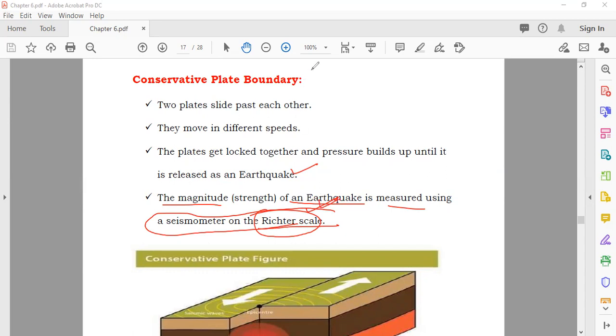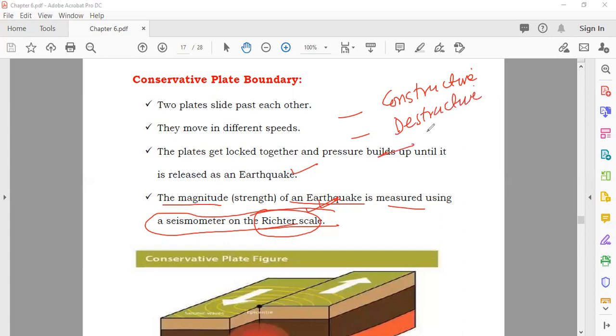So these are the three boundaries we have studied till now. Number one, we started with constructive. After that, we studied destructive.